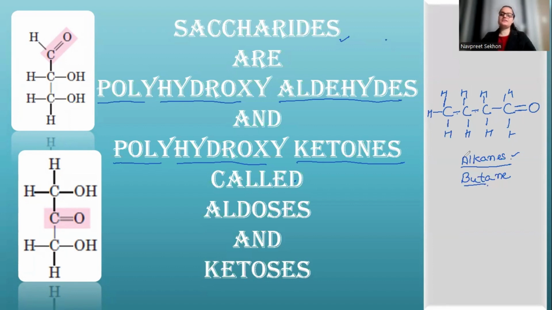Now, let's count the number of bonds around this carbon: one, two, three, four, five. So there are five bonds right now, which is not possible, right? It has just a valency of four. So this hydrogen also needs to be substituted, so two hydrogens are substituted by a double bond oxygen.